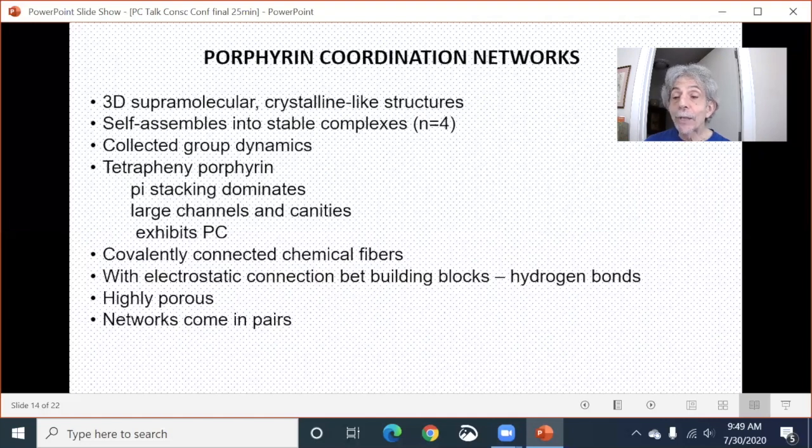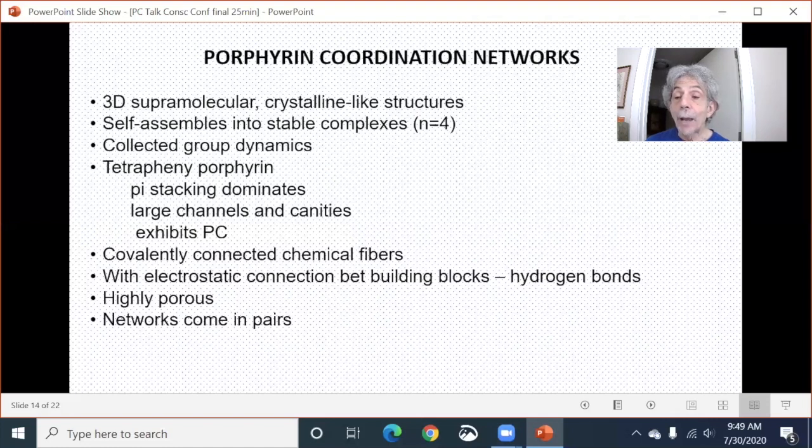They actually self-assemble, and in the network they function collectively. As we said before, they exhibit pi stacking and lots of channels, and cavities, which are interesting in their own right because they can trap certain kinds of energy fields and give them exotic behavior.